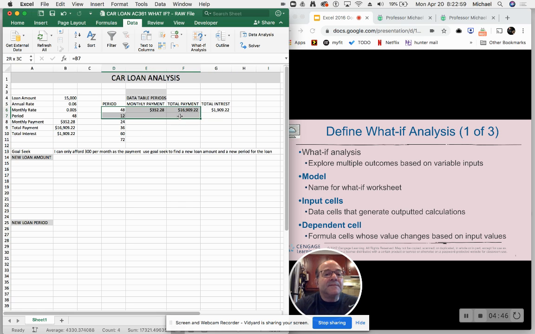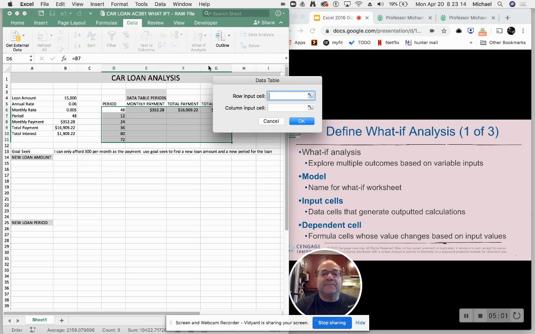We select these guys, and Excel obviously looks at this, and it looks back over here when we do a what-if analysis, which is on the Data tab, what-if analysis. And this specific one is going to be a data table.